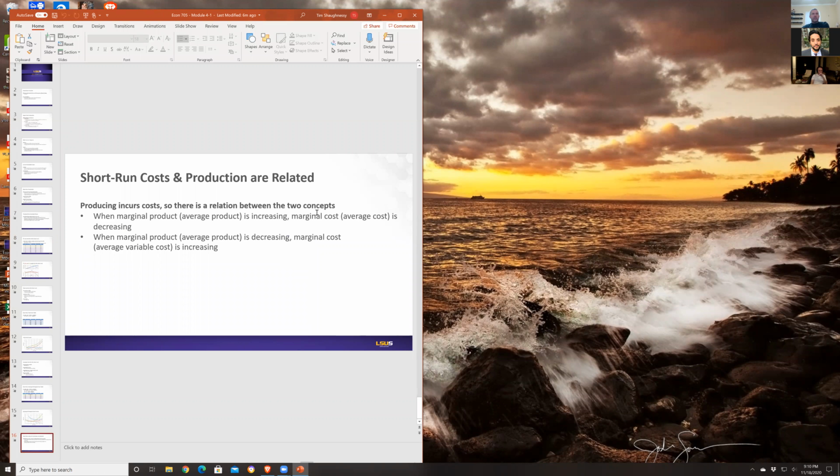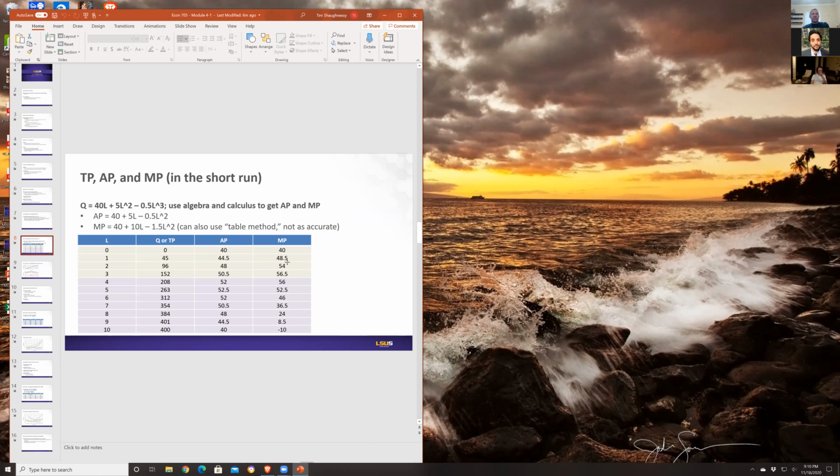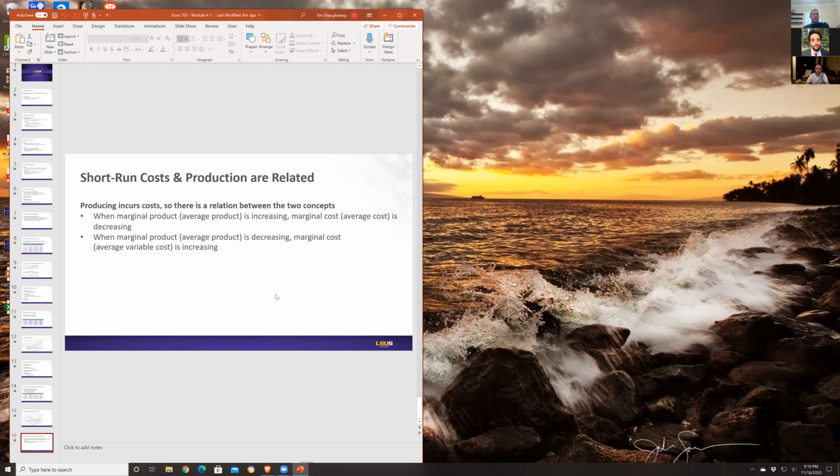But you could also look at the cost side too. If we are being efficient in the beige region and less efficient in the pinkish region, then that would have to feed through to costs. When we're being efficient because marginal product is increasing, that efficiency should be seen not only on the production side but also on the cost side.